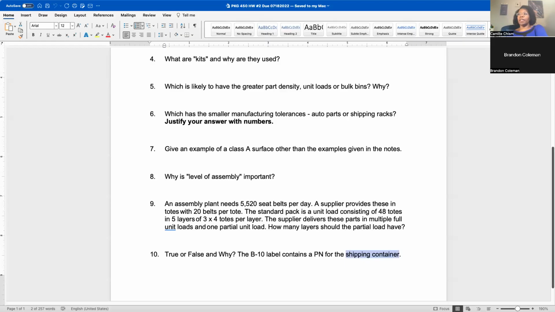And then that should be 4 layers high, because you're not going to get to 48 otherwise. If you have 5 layers high, you're going to be at 60, but it's saying you only have 48 totes. So I'm going to clarify that in the homework, because that one's really bothering me.